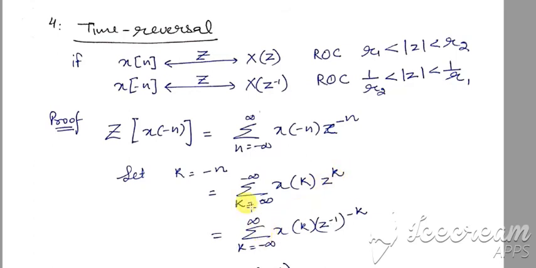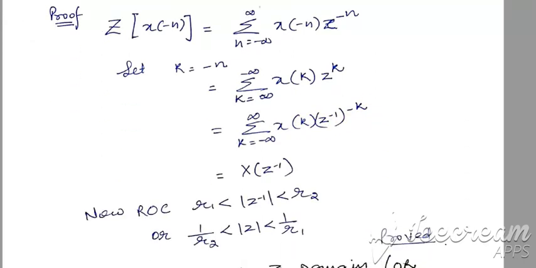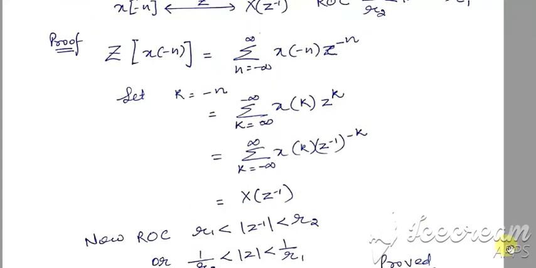Now this can be written as summation k is equal to minus infinity to infinity x[k] z inverse raised to the power minus k. Now this can be called as X(z inverse). Now the ROC becomes r1 less than mod z inverse less than r2. It can again be written as 1 upon r2 is less than mod z is less than 1 upon r1.